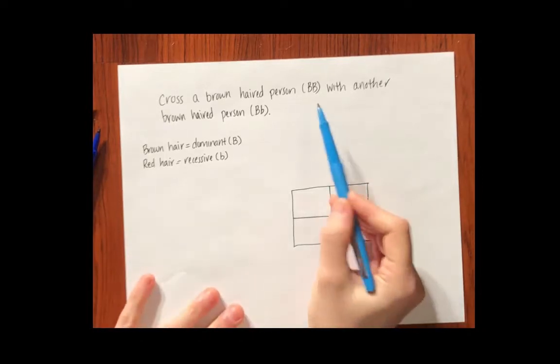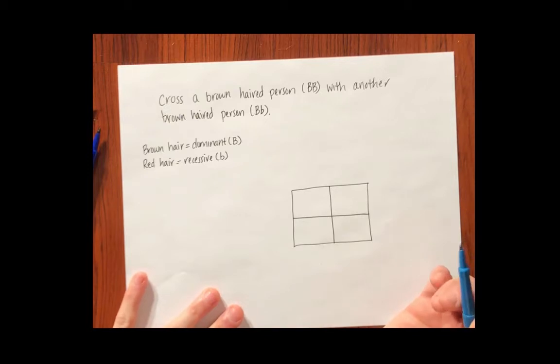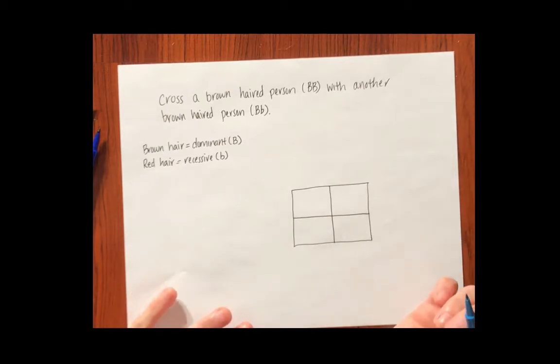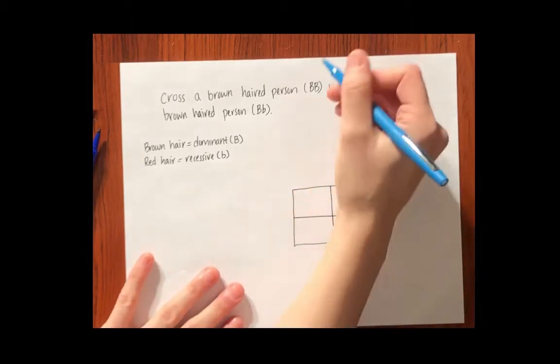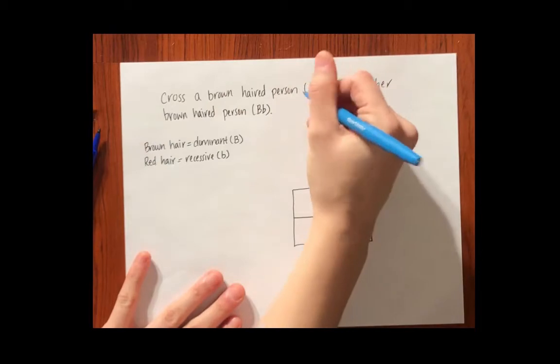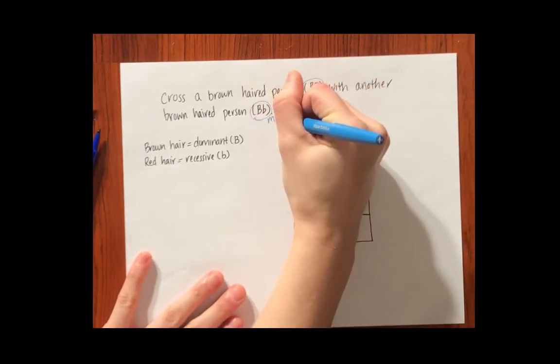Well, these big B and big B, little b, are what are called our alleles, which are just the different forms of a gene. We'll say that this is the dad and this is the mom.